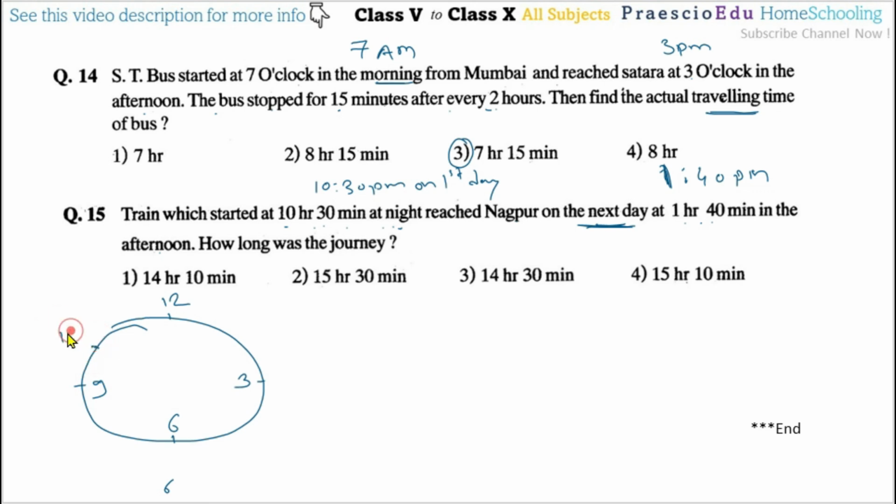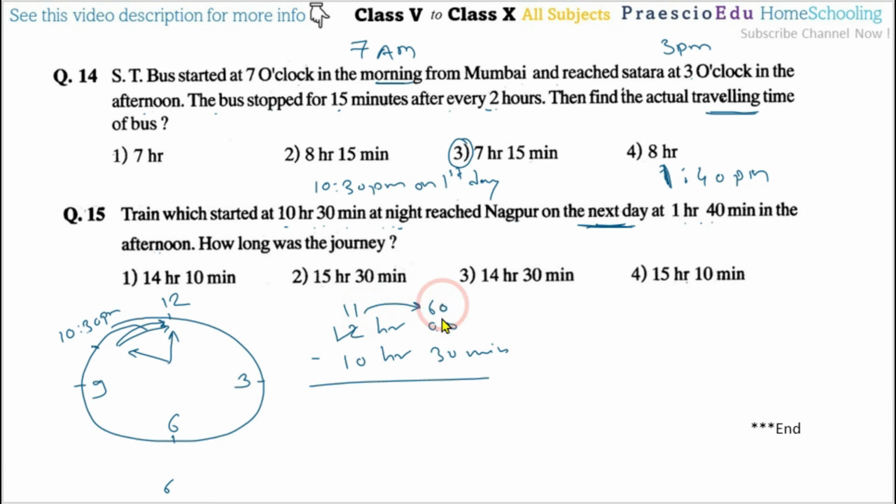Starting at 10:30 PM on the first day, from here to midnight it will be 12 minus 10:30, so 12 hours 00 minutes minus 10 hours 30 minutes. 0 minus 30 is not possible, so 1 hour is converted to 60 minutes. 60 minus 30 is 30 minutes, and 11 minus 10 is 1 hour.